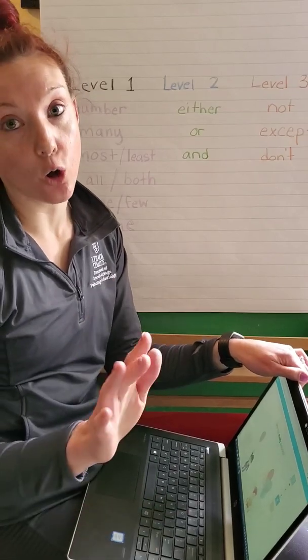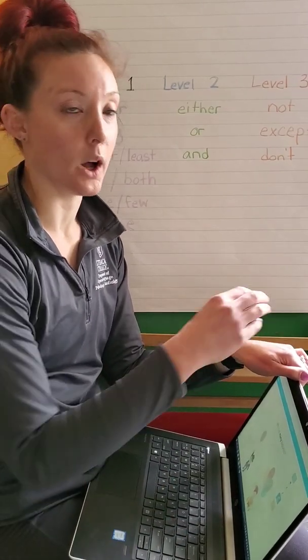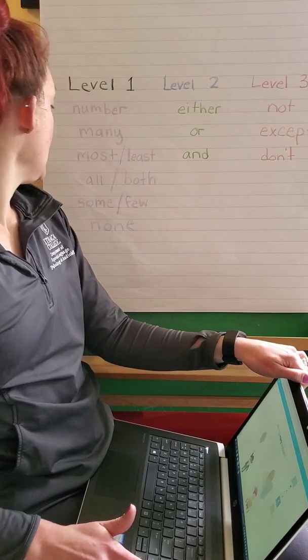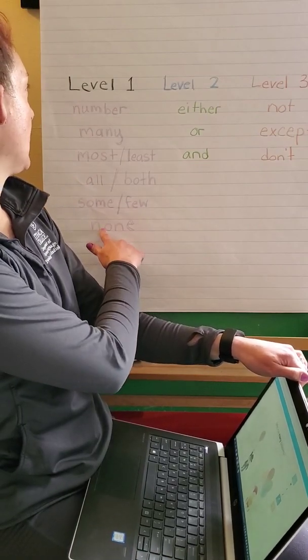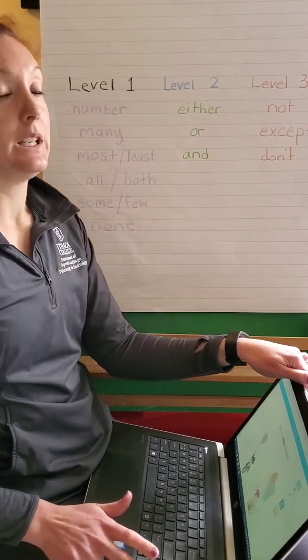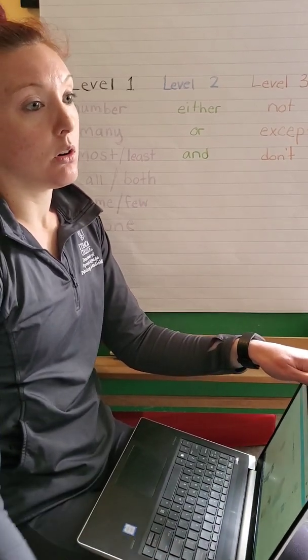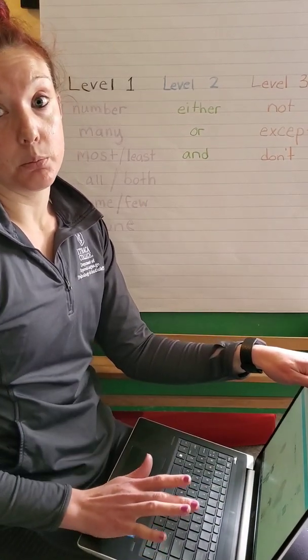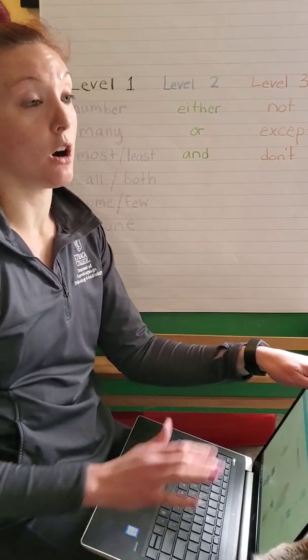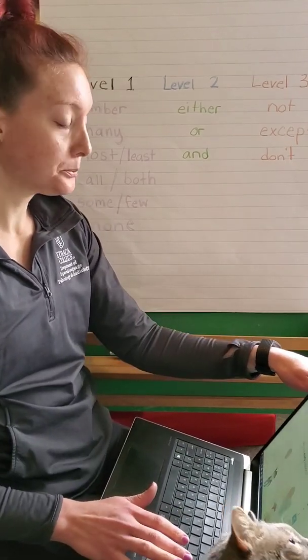So they're not going to take all of them, and they're not just going to take 1. So that happy medium. And then the last word that I have in our level 1 is none. So give me none of the potato chips, or there are none on the table.